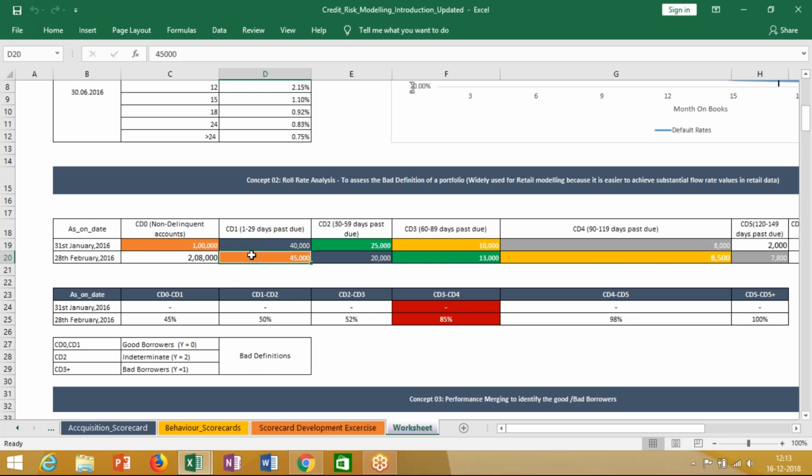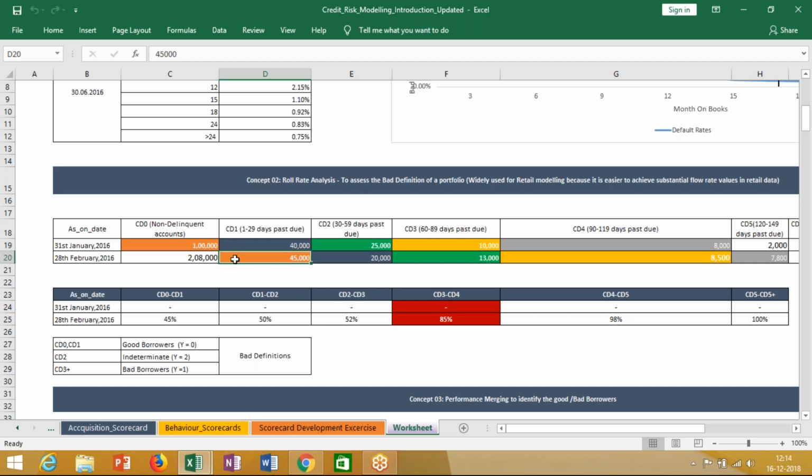However, what I also see is that out of the 1 lakh balance which was there in the current CD0 bucket, 45,000 has flown down to the first bucket, becoming 1 to 29 days delinquent. So this is how the flow rate is measured.